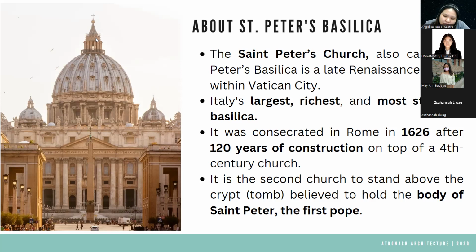It was consecrated in Rome in 1626 after 120 years of construction on top of a 4th century church. It was the second church to stand above the crypt or tomb, believed to hold the body of Saint Peter, the first pope.